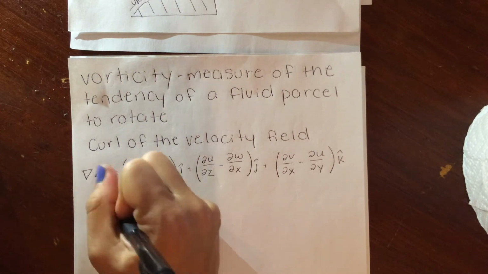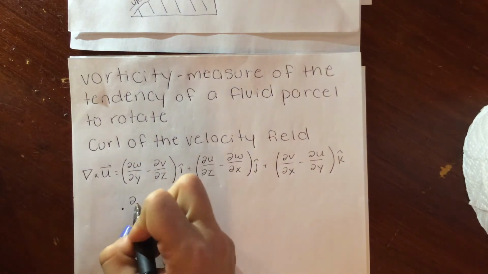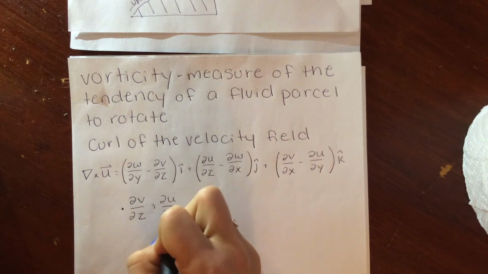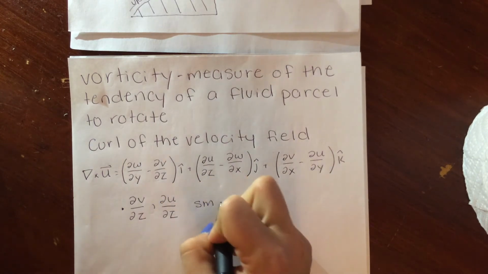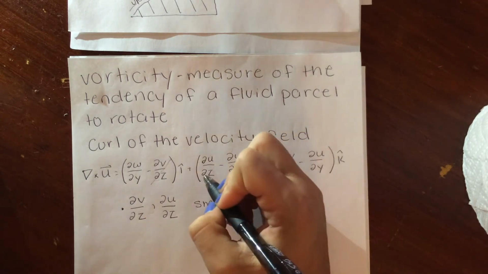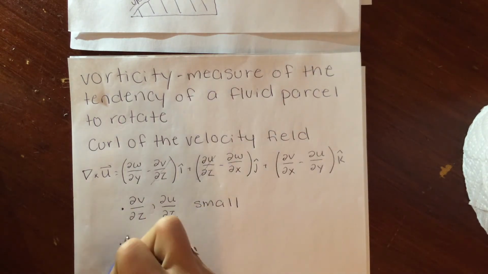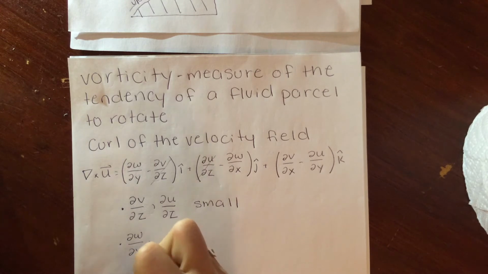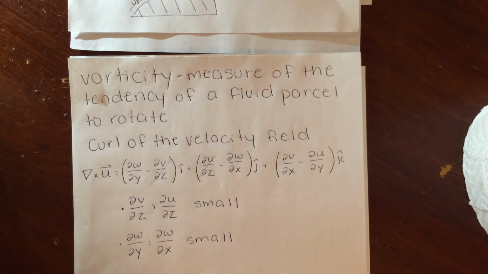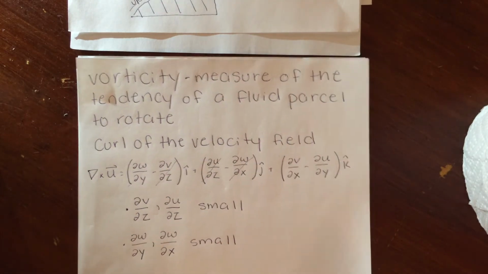Typically, the vertical gradients in the horizontal velocity field are small, so we can neglect dv/dz and du/dz. The horizontal gradients in the vertical velocity field are also small, so we can neglect those terms as well. This leaves us only to consider the vertical direction.